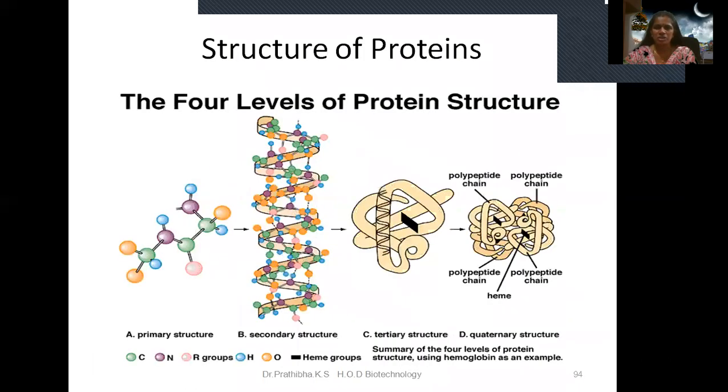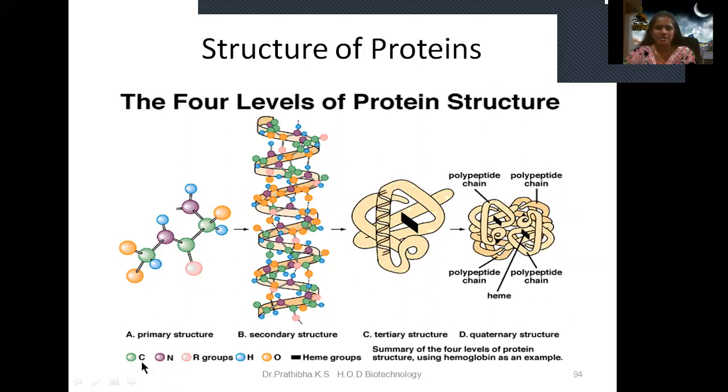Now let us go through the structure of proteins once again. The four levels of protein structure. This is the primary structure, connected through peptide bonds. This is the alpha helix, secondary structure, and this is the tertiary structure, where you could see pleated sheets also, and alpha helix can also be seen, and this is the quaternary structure.